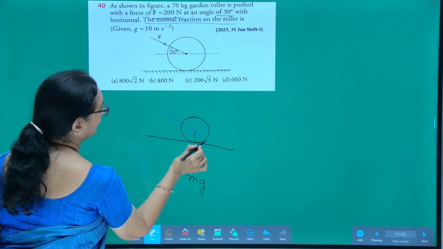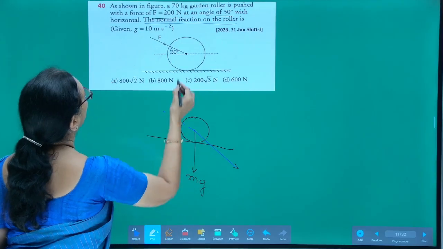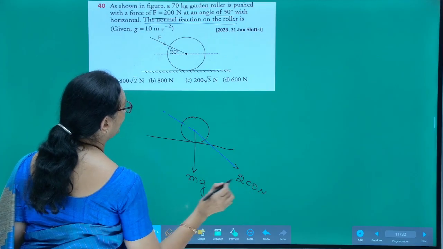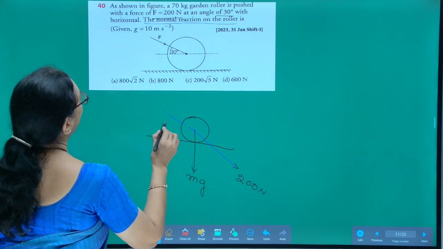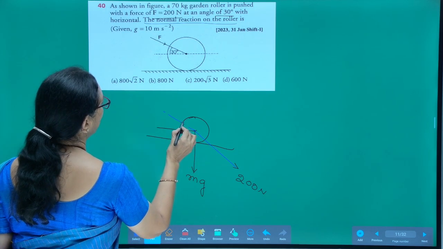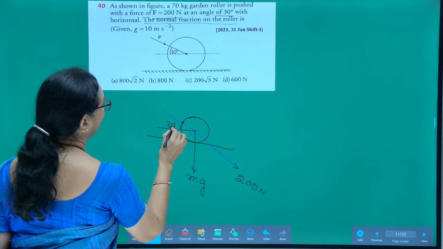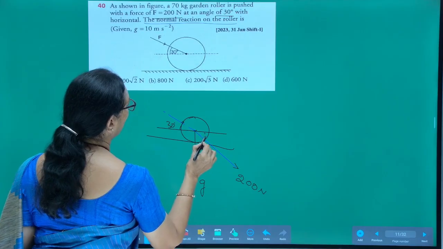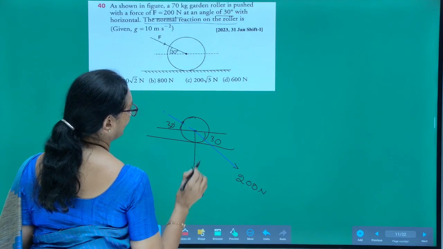This is the pushing force applied. Pushing force is given as 200 Newton. This pushing force is making an angle 30 degrees.